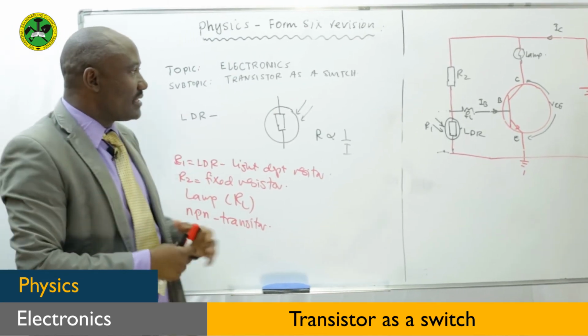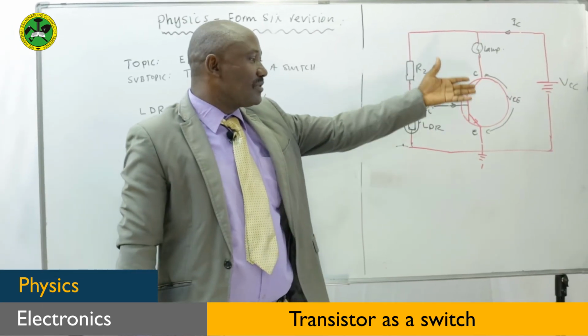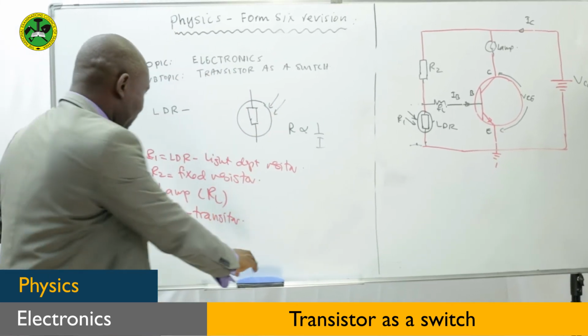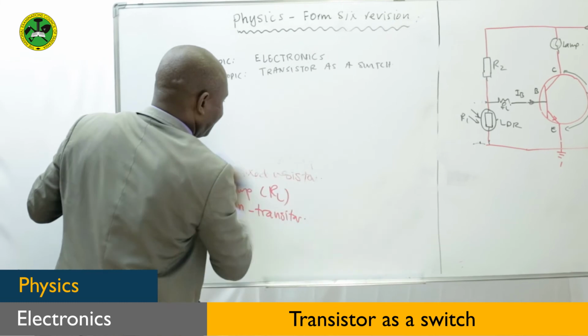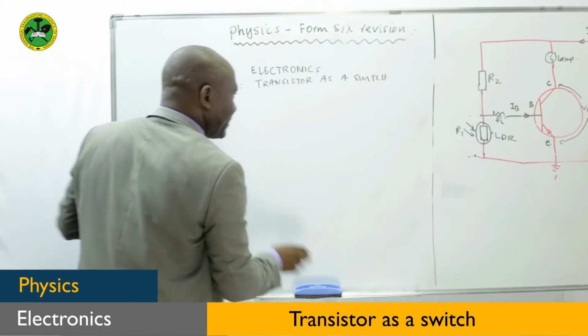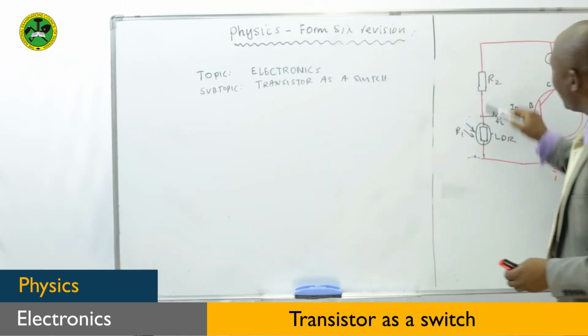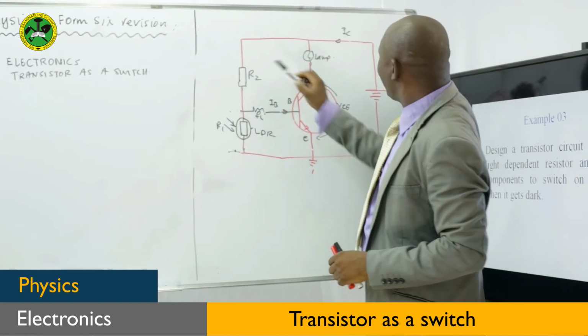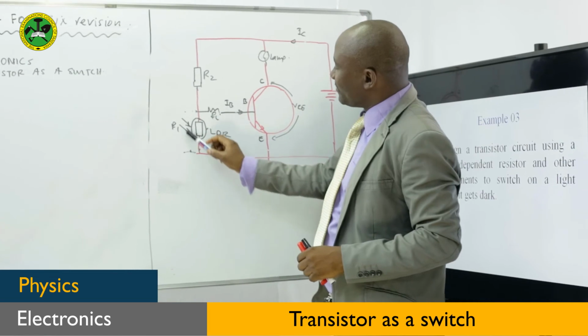Let's check whether this drawn circuit will make the light come on when it gets dark or during the daytime. To see how it works, look at this arrangement. This forms a potential divider. Some of the voltage from the supply will be applied here, and some will be applied there.